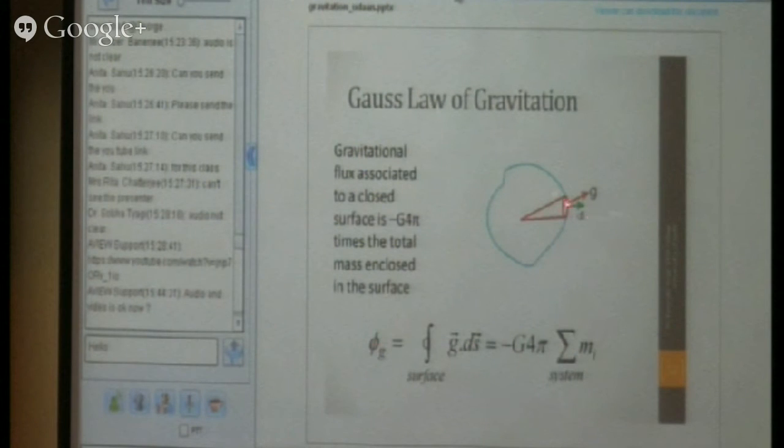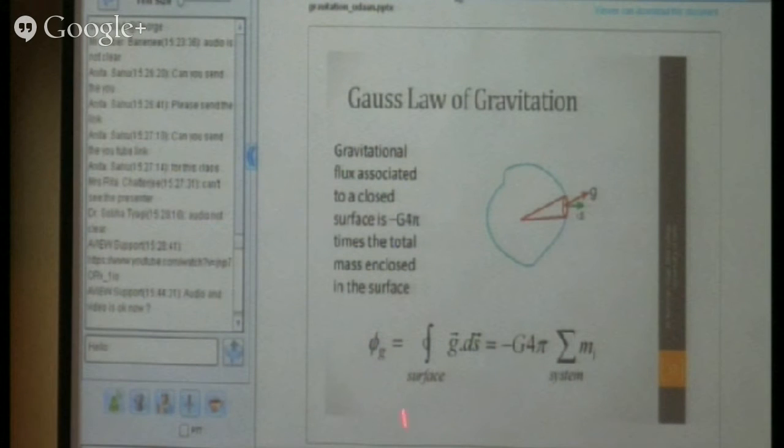And take the acceleration due to gravity, or you can say the gravitational field intensity, at that particular small elemental surface. Take a dot product. But this time you are integrating over the surface, but for a closed surface. Look at this circle. This integration has a circle here. When you find this circle there, you immediately put in your mind that we are doing this surface integration for a closed surface.